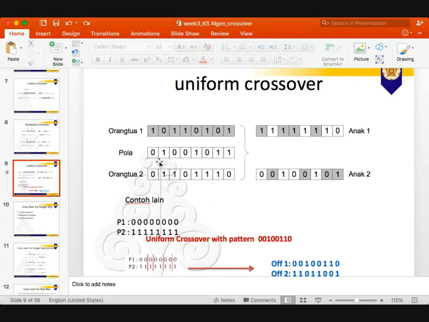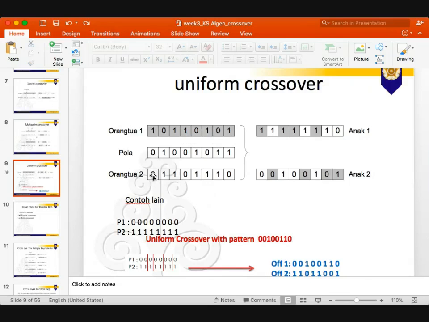Sorry, 0 means we copy the gene from the first parent, and 1 means from the second parent. That is for the first offspring, but for the second offspring, 0 means it comes from the second parent, and 1 means from the first parent.